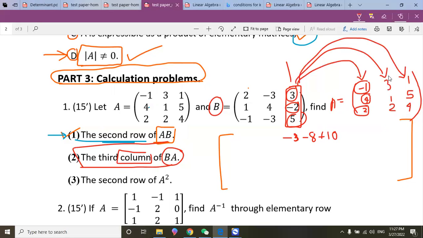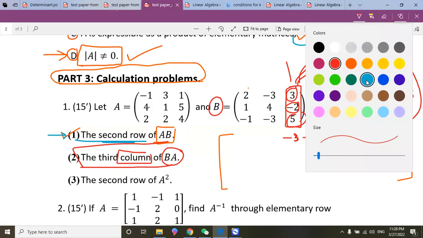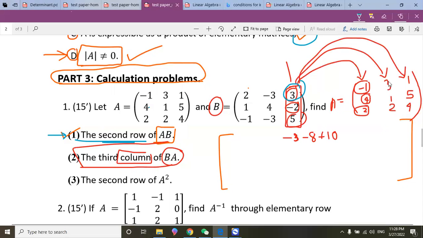For the second entry of the third column, 3 multiply 3, this is 9, minus 2 multiply 1, that is minus 2, and then 5 multiply 2, that is plus 10.